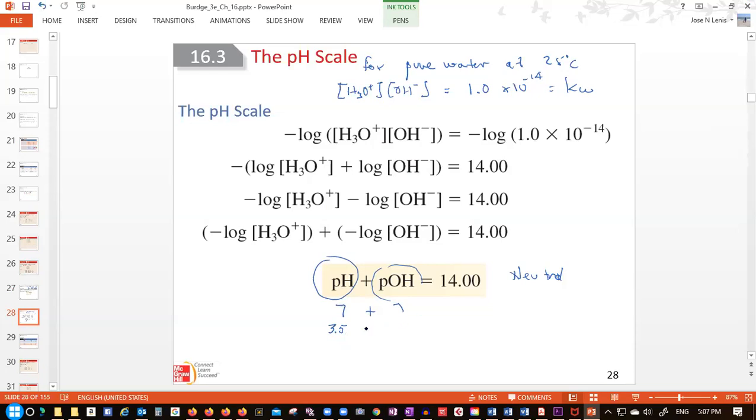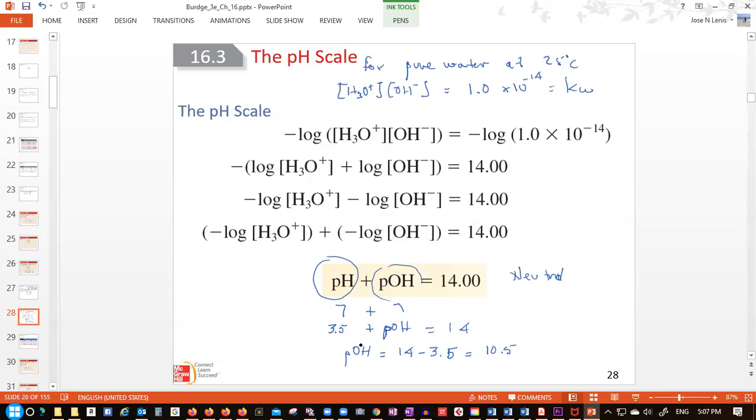So you say pH plus pOH equals 14. This is lowercase. So the pOH equals 14 minus 3.5, which is 10.5.